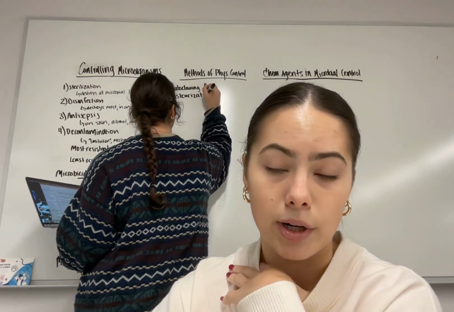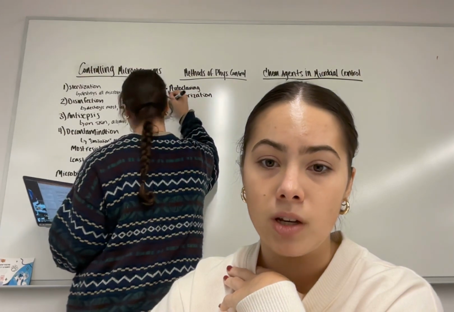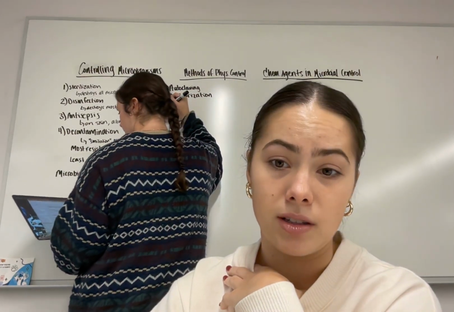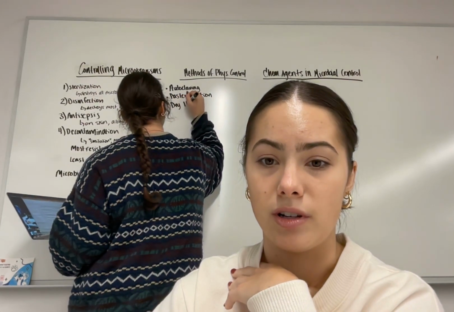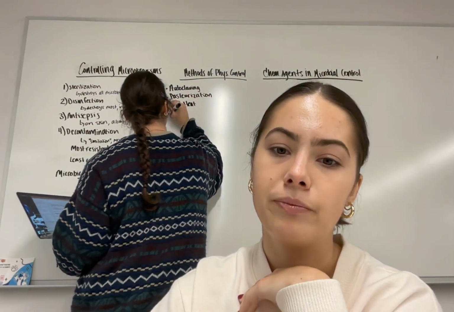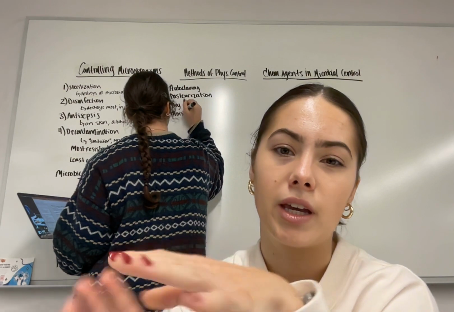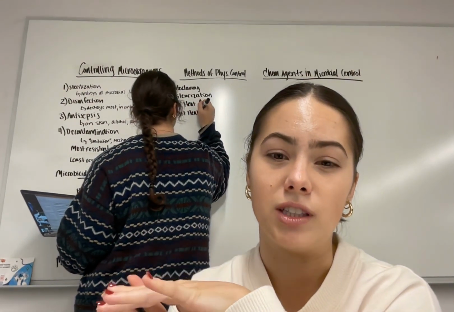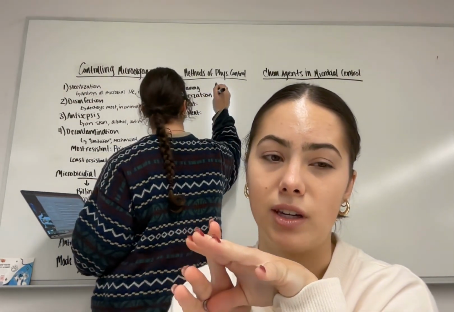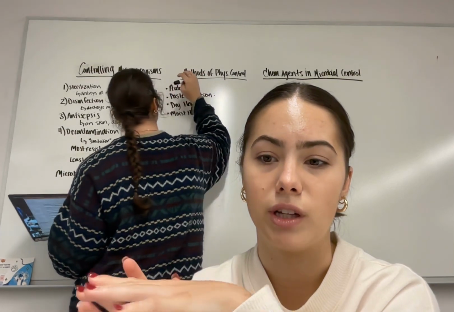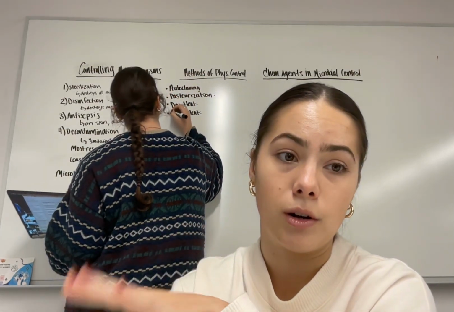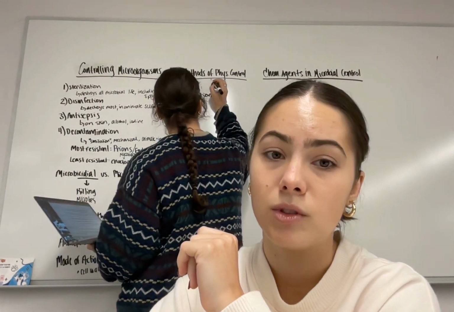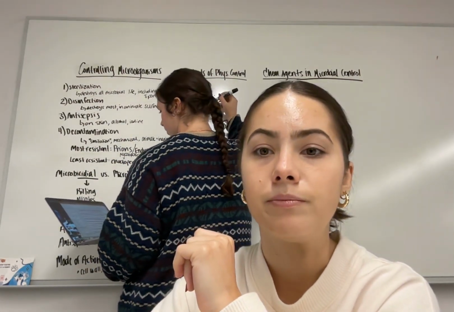It dehydrates the cell, burning it to ashes. The lack of water increases the stability of proteins. That's why a higher temperature is necessary. From most effective to least effective, it would be autoclaving, then incineration, boiling, and then pasteurization. All of these are bactericidal, they kill bacteria.